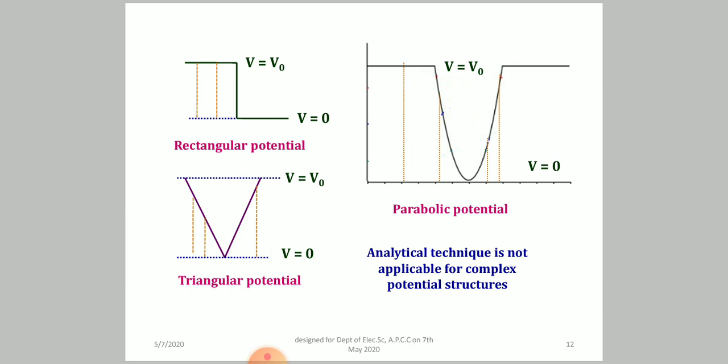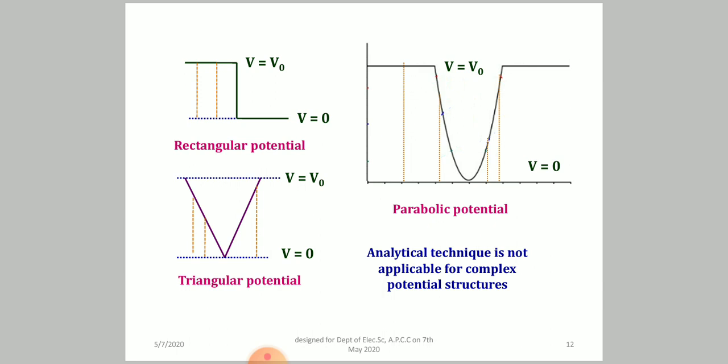We have shown three potential configurations. The first one is known to all, the rectangular potential. If you compare a triangular potential and a rectangular potential, look at the difference. As you move along the inclined potential, at each point your V value is changing. But for the rectangular or square potential well, at any point of the barrier the V value is V equals V0.